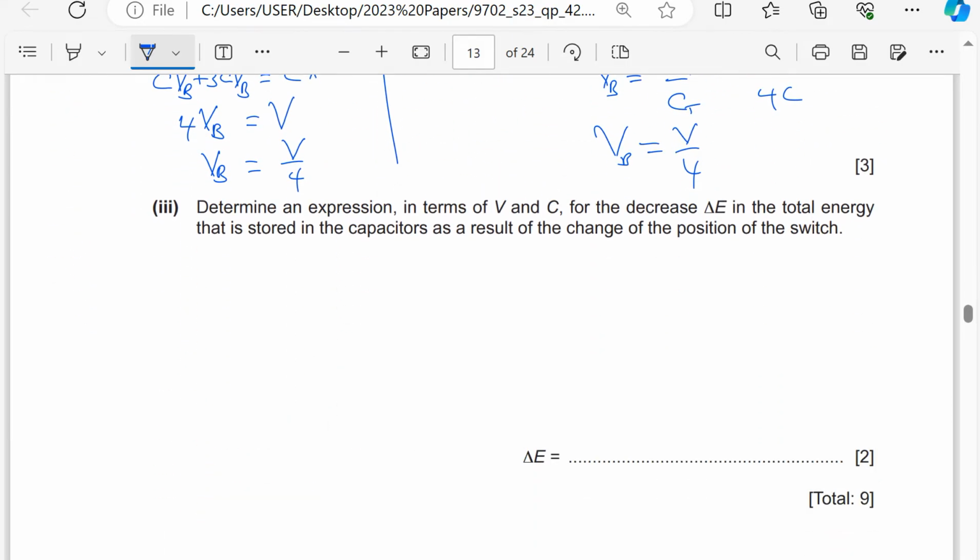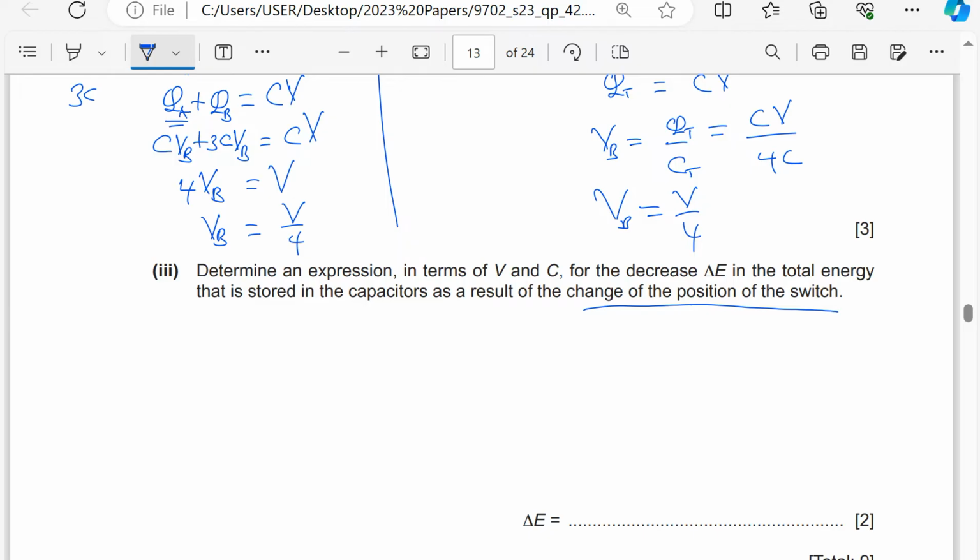Okay, determine an expression in terms of V and C for the decrease delta E in total energy that is stored in the capacitors as a result of the change in position of the switch. First of all, we have already seen that energy is a half CV squared. So the total final energy, I'll call it E2, is going to be a half times the capacitance times V squared.